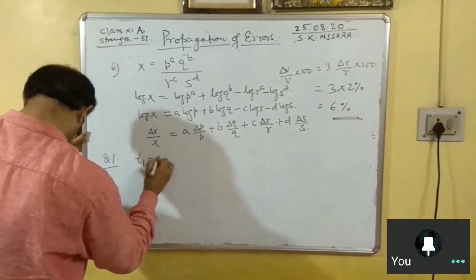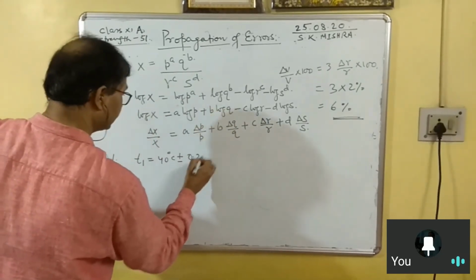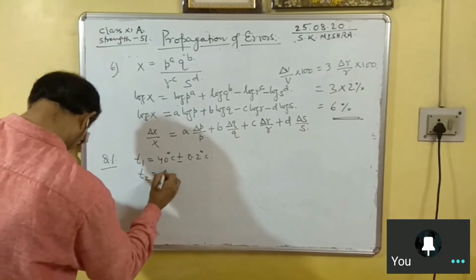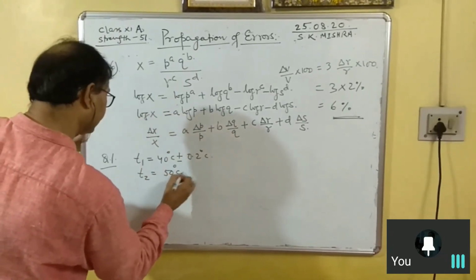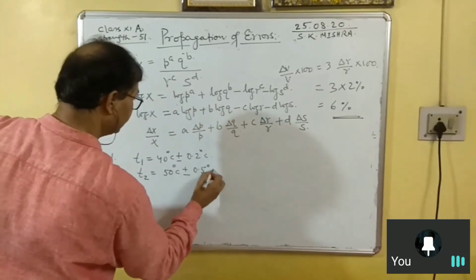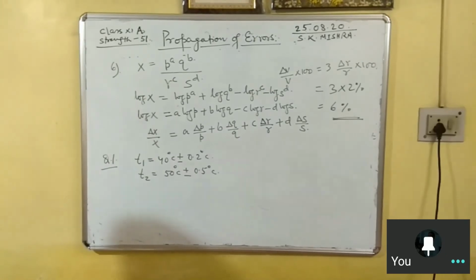It is equal to 40 degrees Celsius plus minus 0.2 degrees Celsius. And then T2, the second body, has temperature 50 degrees Celsius plus minus 0.5 degree Celsius. The question is, calculate the temperature difference and the error therein.